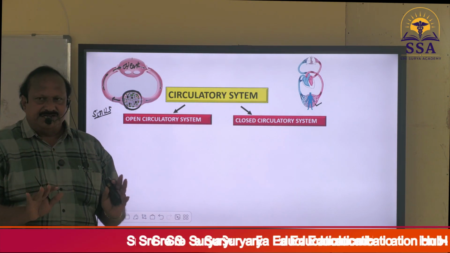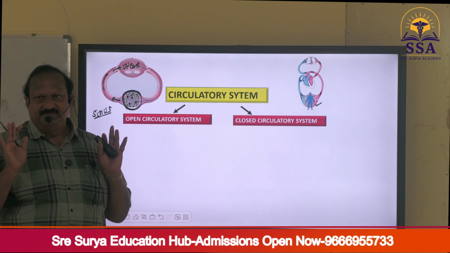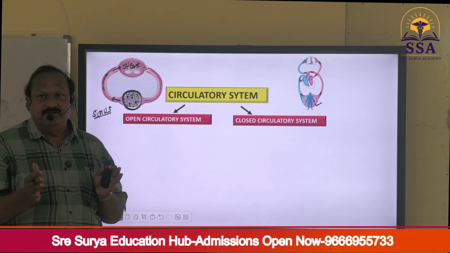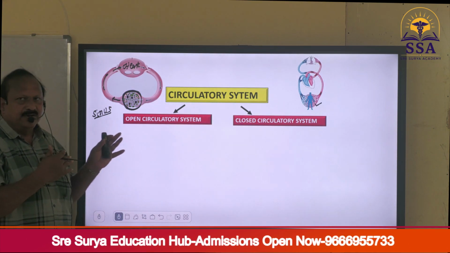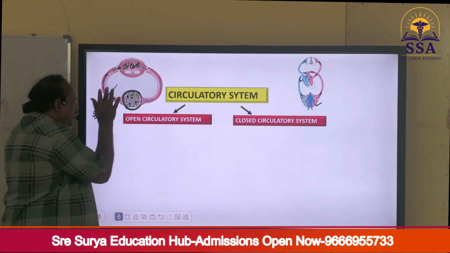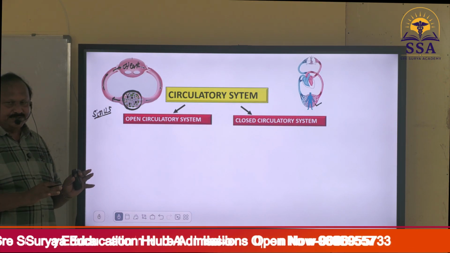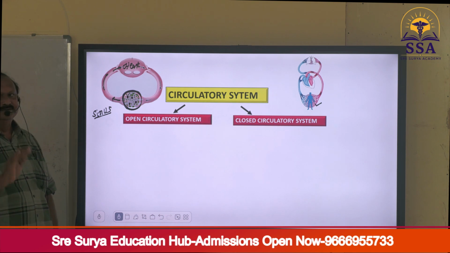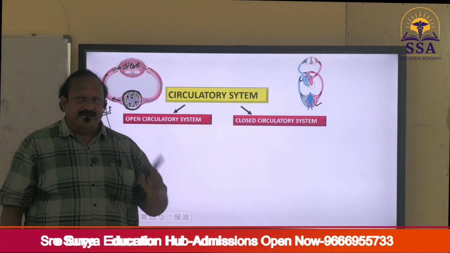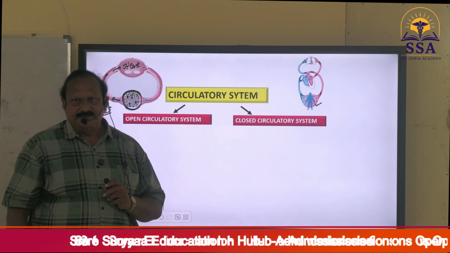Blood never touches our tissue or organ or any system. There is a certain distance between the blood and the organs. In the open circulatory system, the organs and tissues are in the sinus, the blood is pumped into the sinus and blood touches the tissues. This is called bathed. The word bathed means touch. Blood touches the organs.